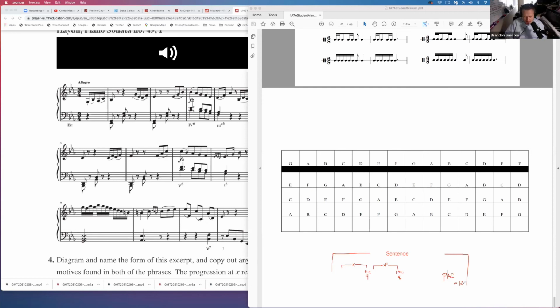But they called it that, didn't they? Diagram and name the form of this 3-phrase excerpt. How would you explain the descending chords in measures 3 through 4 and 7 through 8? So we have 3 phrases as punctuated by the 3 cadences, correct?